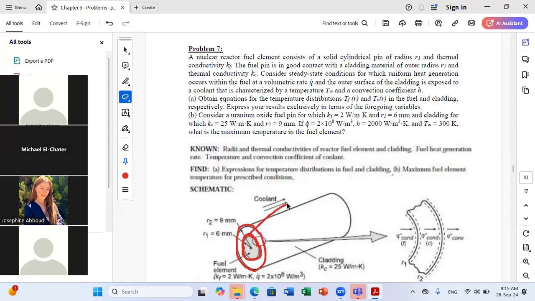So here you can say that at R1, I have continuity in temperature and continuity in heat rate.